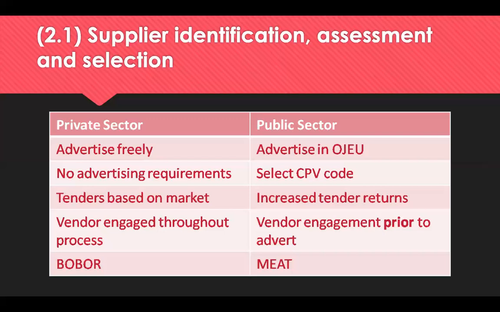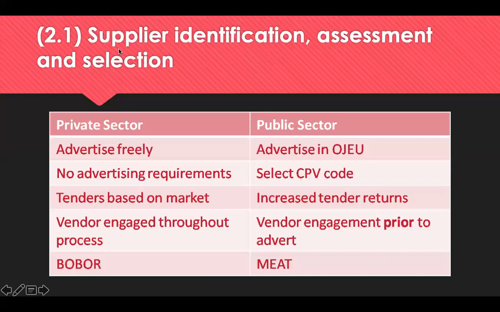And then they'll get a best offer based on the requirements, BOBOR. That can be used in the private sector, and it considers and uses the priorities and requirements that have been agreed at the identification of need stage. Price and quality may not be in play at this part of the criteria, but tangible and intangible aspects are considered, such as aesthetics, along with overall benefits in creating competitive advantage for the organisation.